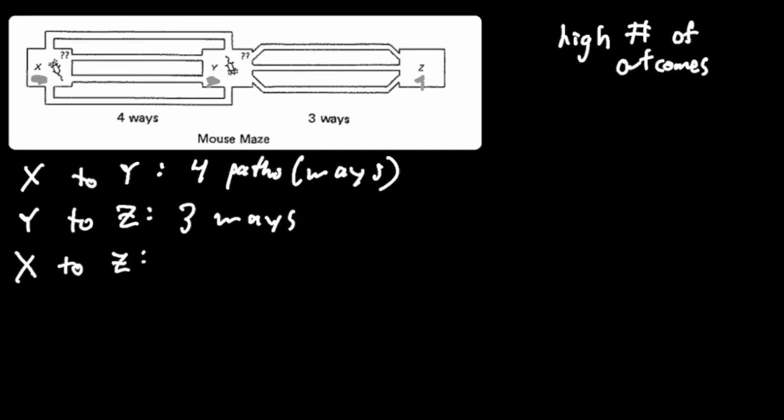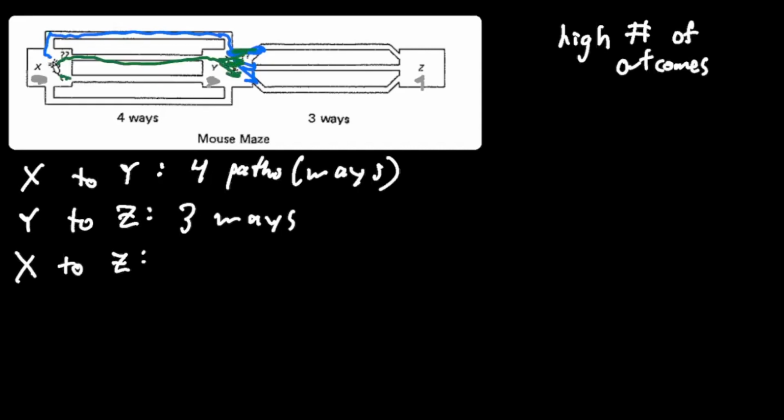So going from X to Z, we could split this up into first going from X to Y here. So we have one path here. And then for this one path, we, starting at Y, have 3 different paths that we could take to get to Z. If we look at our second path here, we get to Y, and again, we have 3 different paths we could take.